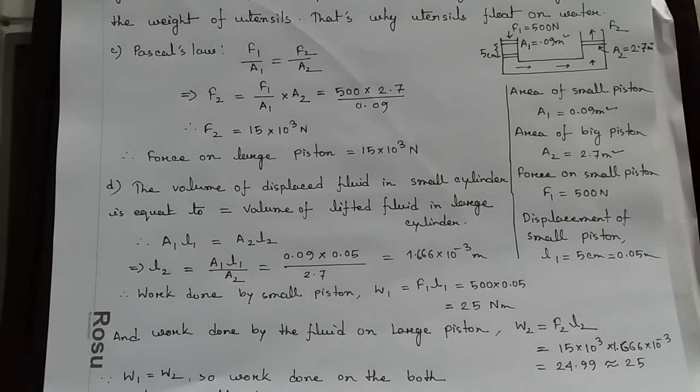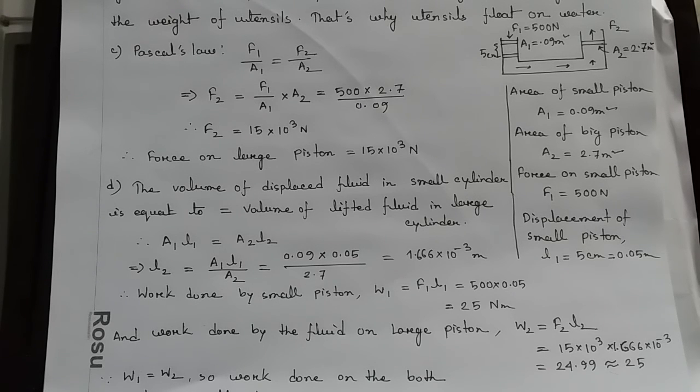So work done by the fluid on the large piston will be W2 equals F2 L2, and by applying the values of F2 and L2 we get the work done. W2 equals 24.99, that is almost equal to 25.